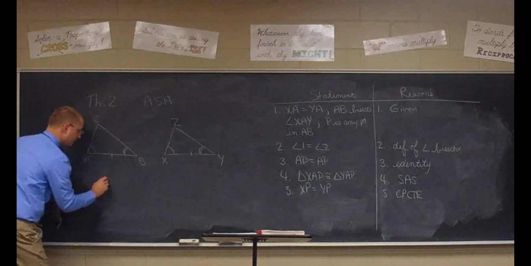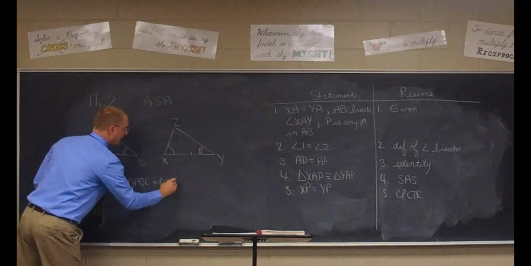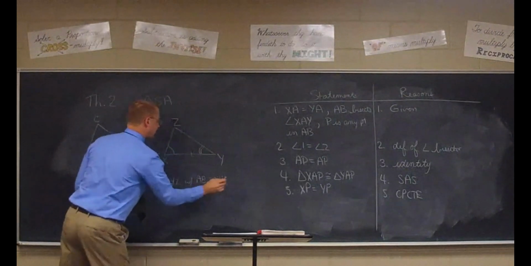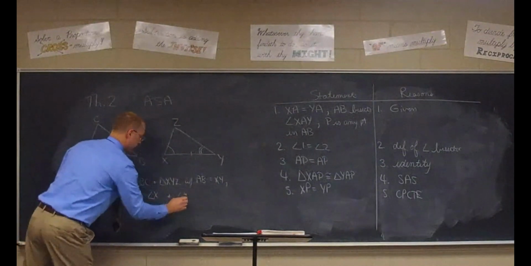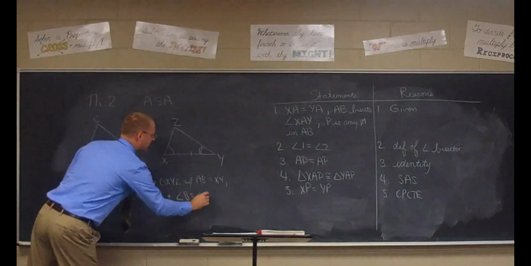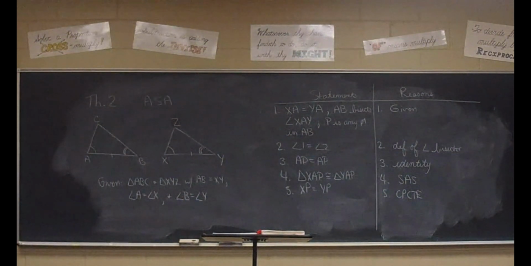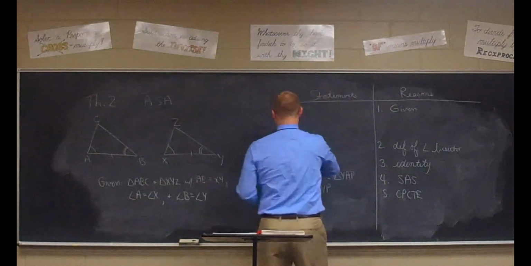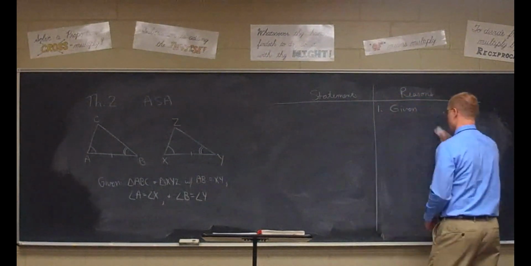So, for our given, we're given triangle ABC and triangle XYZ with AB equal to XY, angle A equal to angle X, and angle B equal to angle Y. We want to prove that triangle ABC is congruent to triangle XYZ.